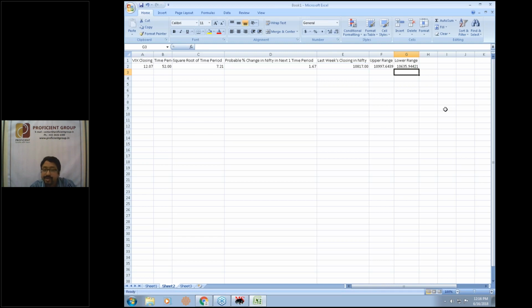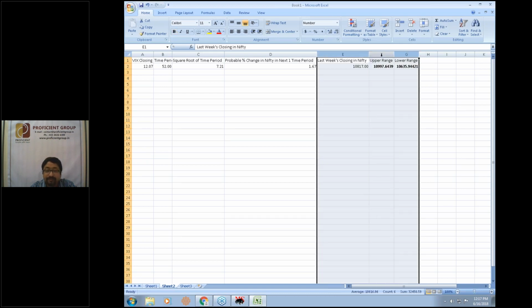So the lower range is possible at 10,635. So these two values we are getting from the value of VIX.